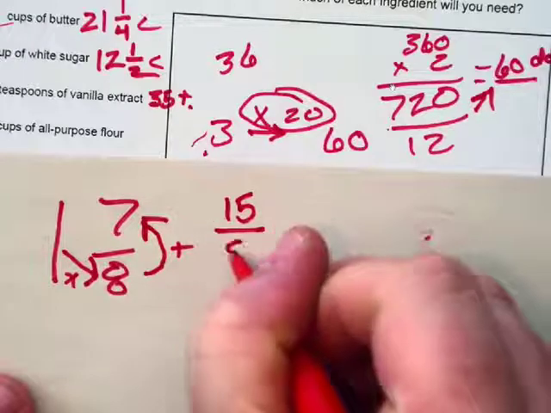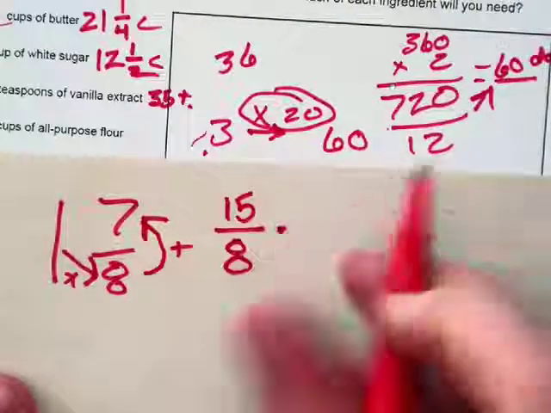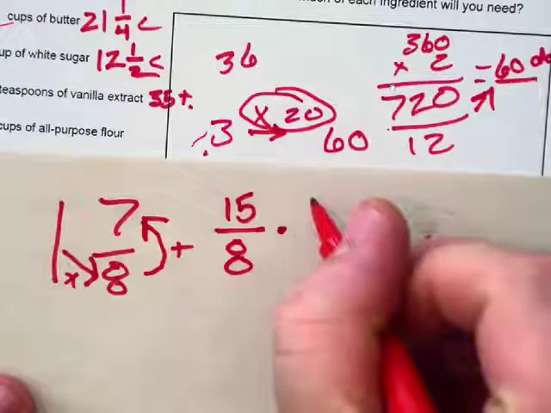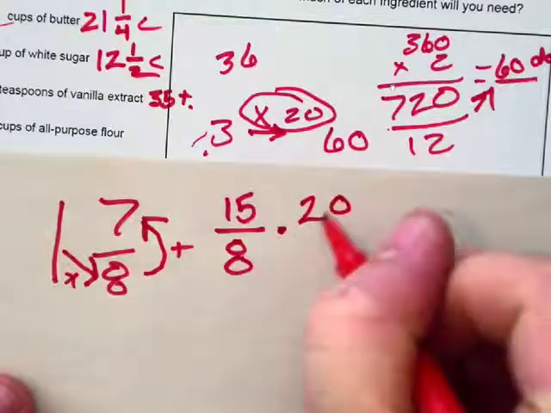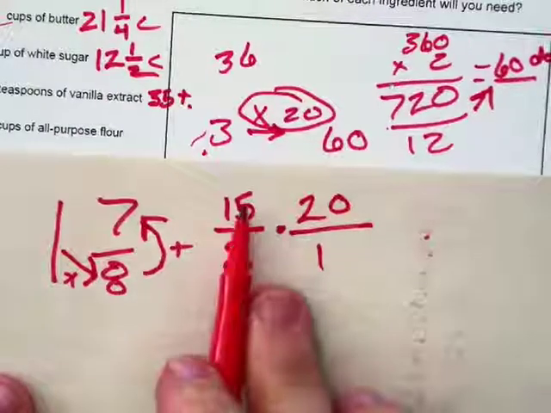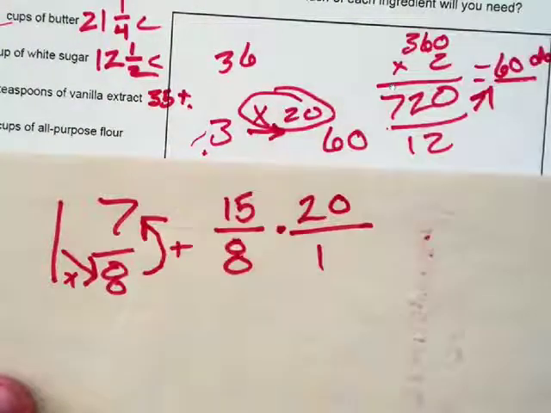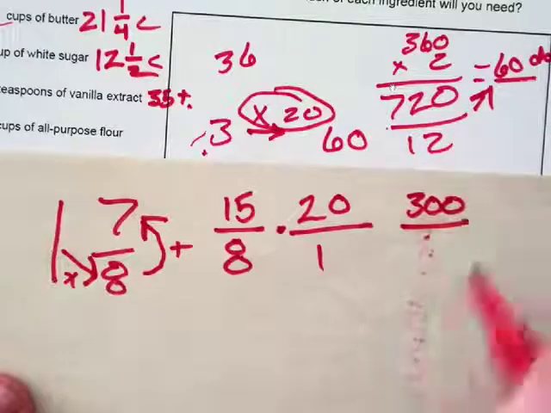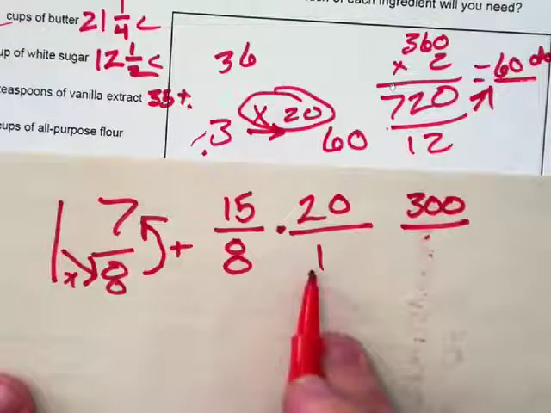So 15/8 times, we're timesing by 20 because we're going up to 60 dozens. So times 20/1. 15 times 20 is 300 over 8 times 1.